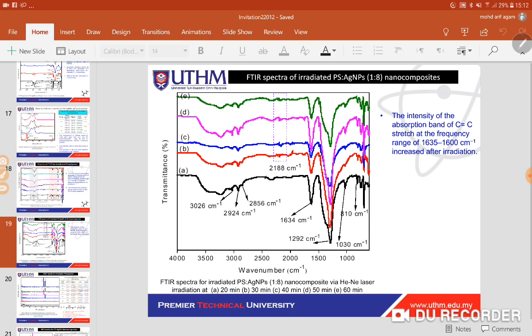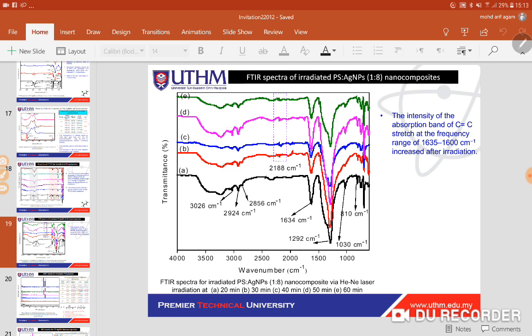Now, if we put nanoparticles into the polystyrene and we do the same laser irradiation, this is for a 1:8 ratio, where 1 is polystyrene and 8 is nanoparticles, you can see that we have some kind of fluctuation also, especially this blue line, where we have disappearance of the peak.